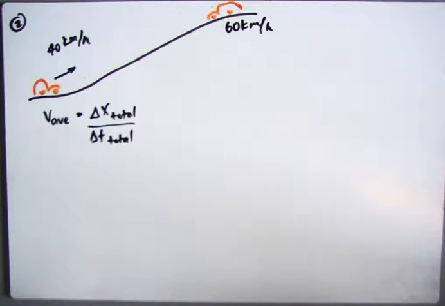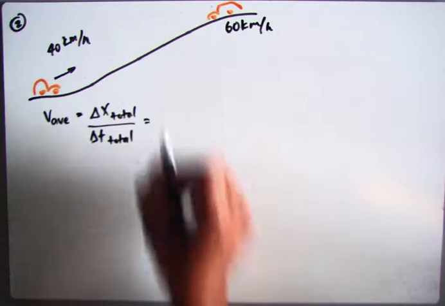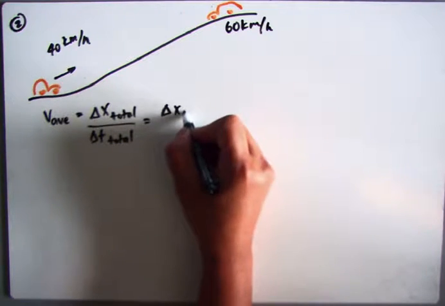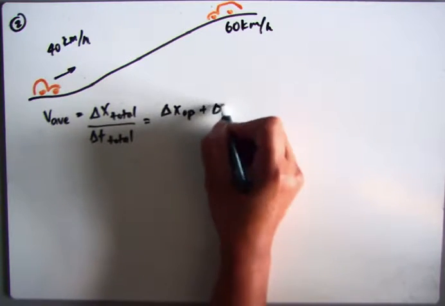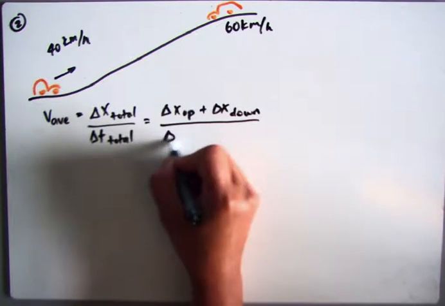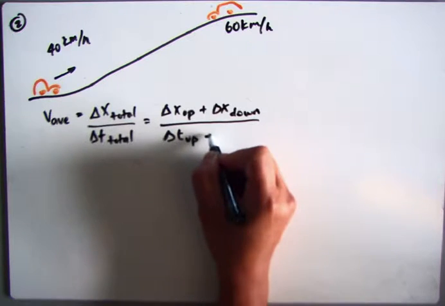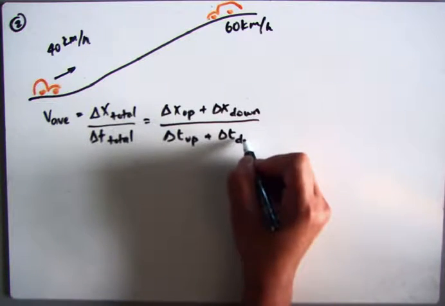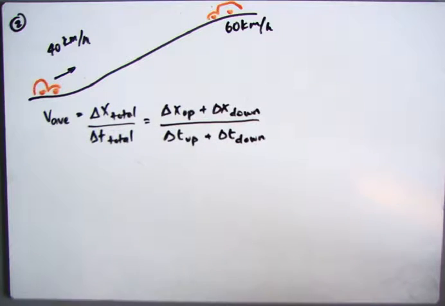Now we don't have either of those pieces of information. All we have is the average speeds. But basically what we can assume is that it's going to be delta x for the up plus delta x for the down, divided by the time it takes to go up plus the time it takes to go down, right? Now, a couple of things I do know.